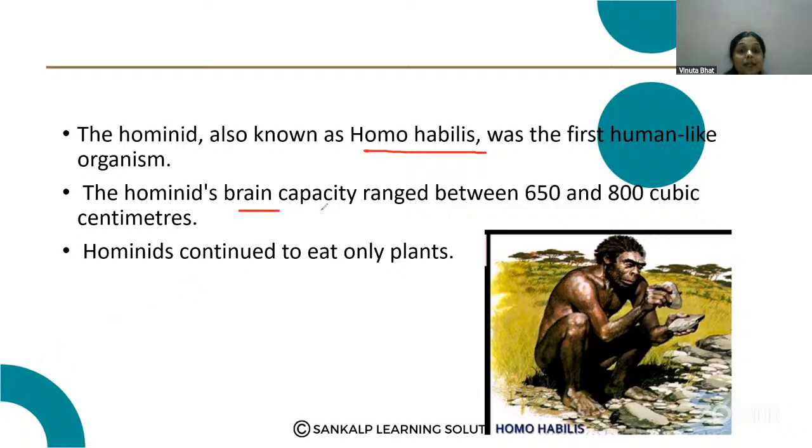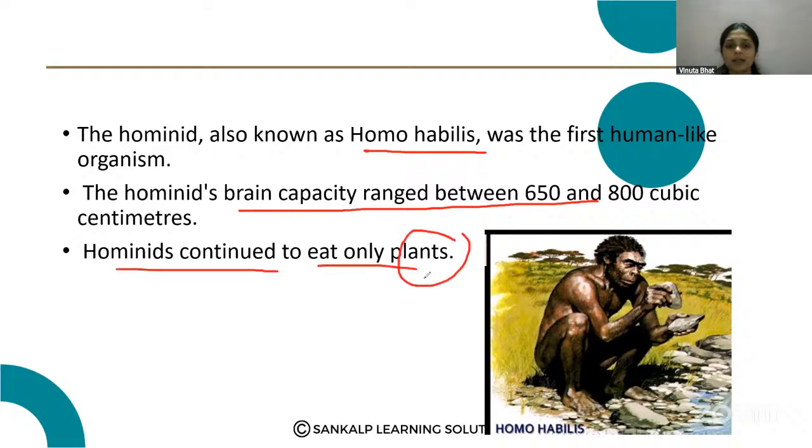The hominid's brain capacity ranged between 650 to 800 cubic centimeters, and hominids continued to eat only plants. So this stage of development of man is also vegetarian.